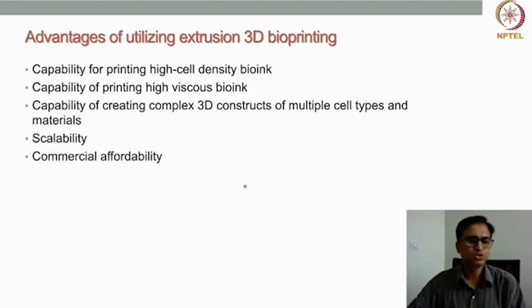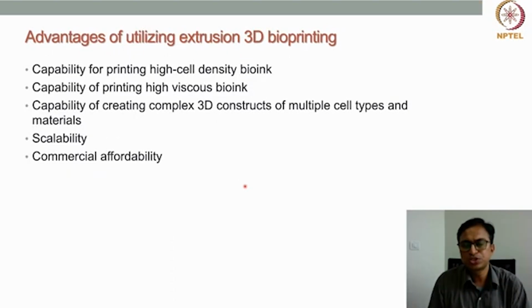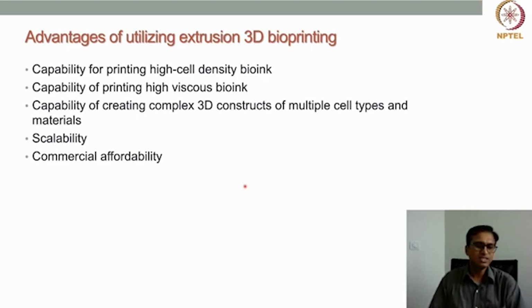Now, why is extrusion based bioprinting widely used? What is the advantage of doing that? Some of these things I have already mentioned, but again, let me discuss a few more. This technology has the capability to print high cell density bioink, right?